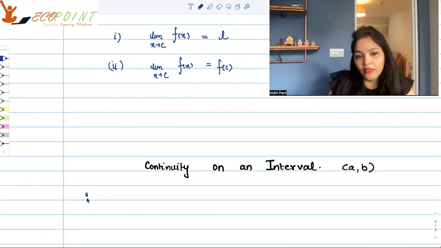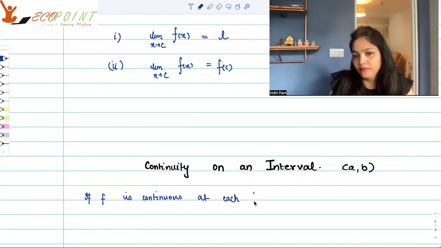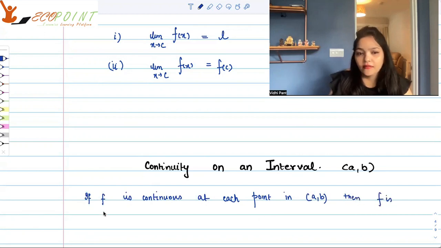So if f is continuous at each point which is in this open interval (a, b), then we would say that f is continuous in this interval (a, b). Now, a and b could be anything.